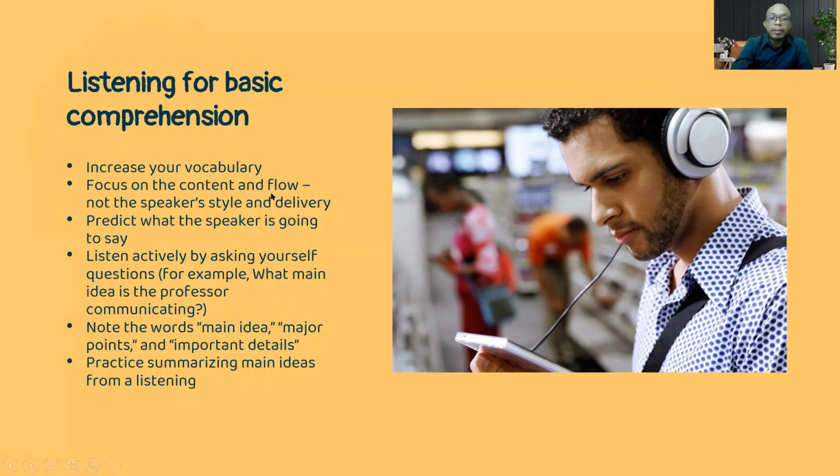Focus on the content and flow, and do not pay too much attention to the speaker style and delivery. You can also predict what the speaker is going to say next, so that you are in a better standby mode, so to speak.